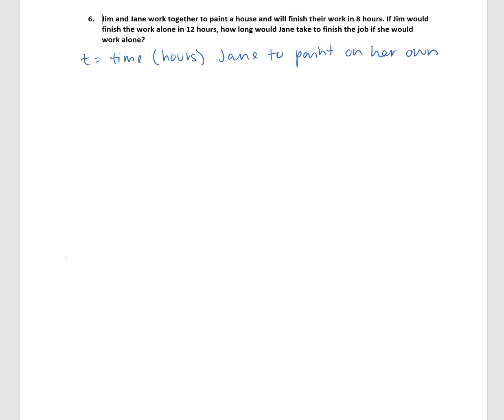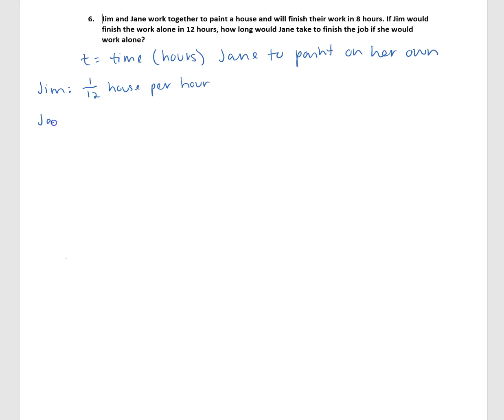Okay, so we've been told that Jim would finish the work alone in 12 hours. So that means that Jim, working on his own, can paint 1/12 of the house per hour. So then he would finish in 12 hours.